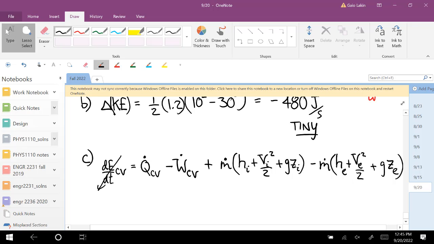We're still assuming steady state, so that's gone. We're still assuming that there's no important change in potential energy, so those cancel.